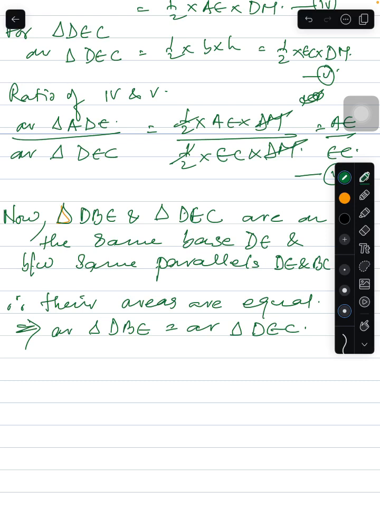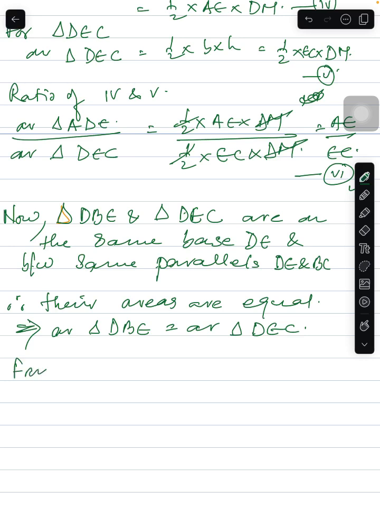From equation 6, area of triangle ADE by area of triangle DEC can be written as DBE, because DEC is equal to DBE.